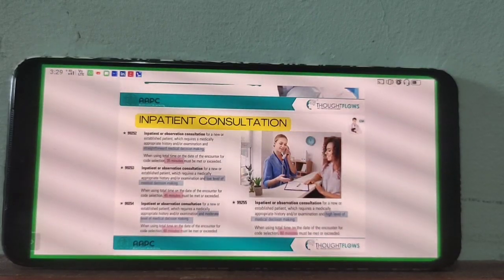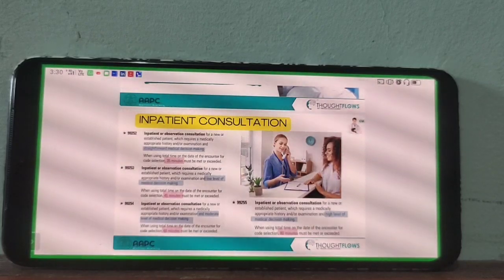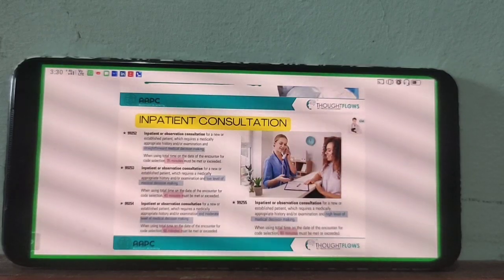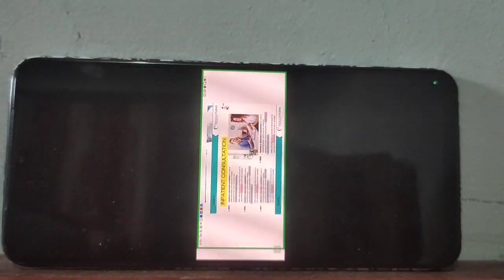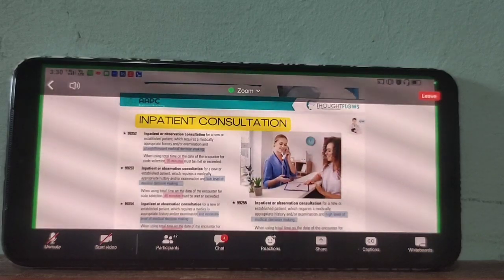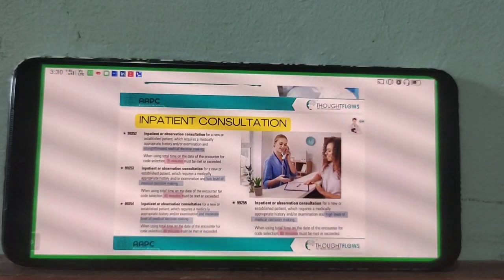That is important. When we see the consultation document, you can easily find out at first that this is a consultation. Did you understand?